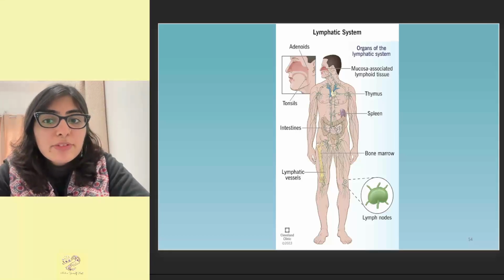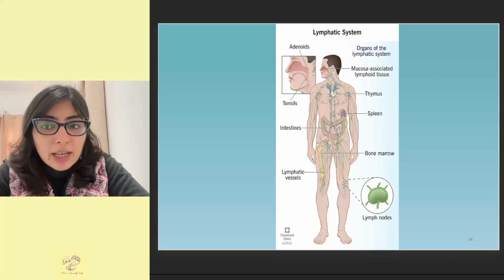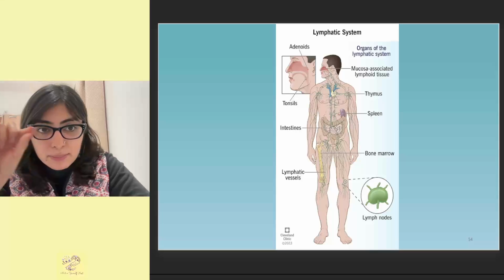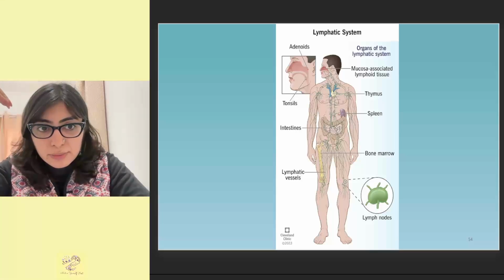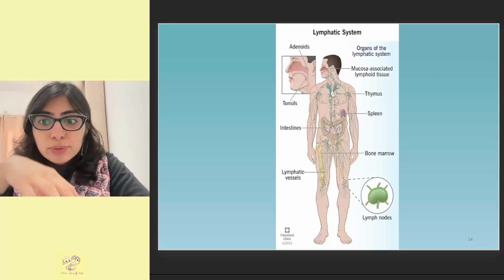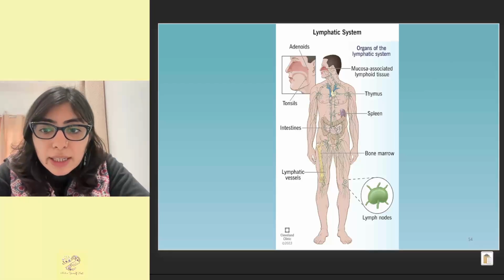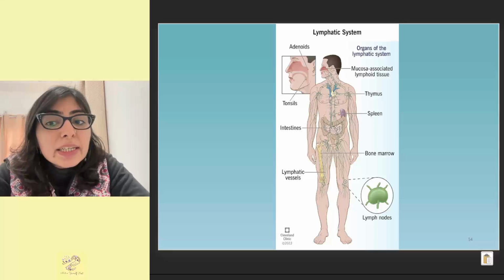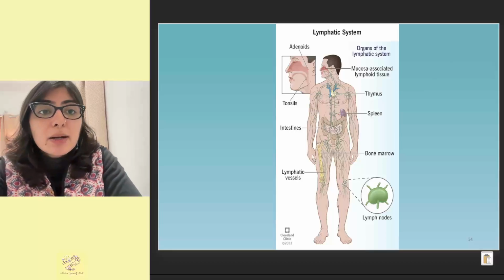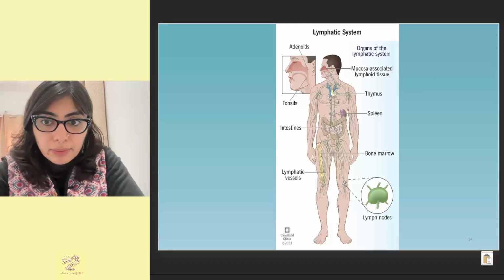So lymphatic vessels and lymphatic capillaries are both pipe-like structures within which the lymph fluid, which is the remaining tissue fluid, flows. And these ball-like structures are called lymph nodes. These are bean-shaped structures, something you can learn, that have the capacity to filter.